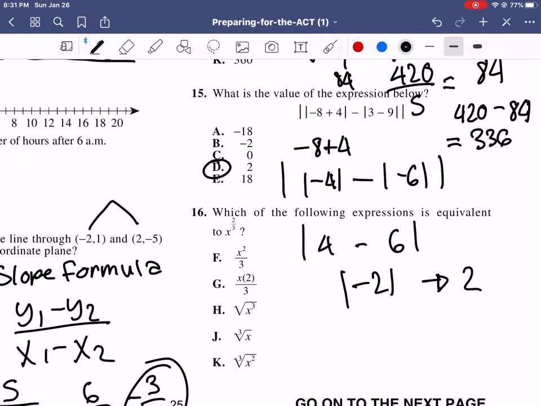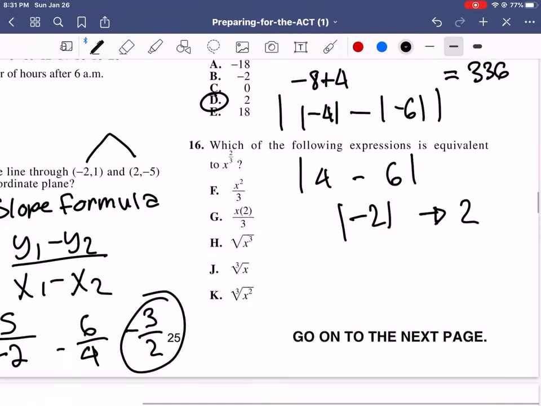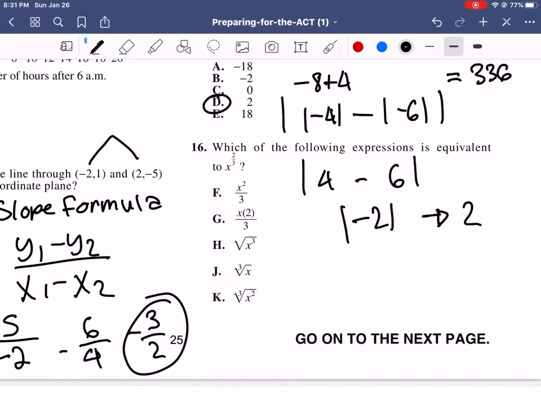Which of the following expressions is equivalent to x to the power of 2 over 3? So another way of writing that is, all roots have a little number right here. In this case, it is 3. In square roots, it is 2.